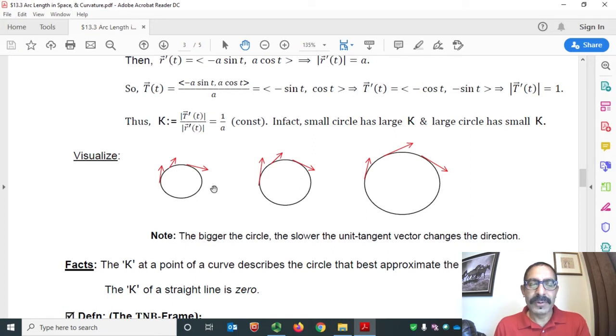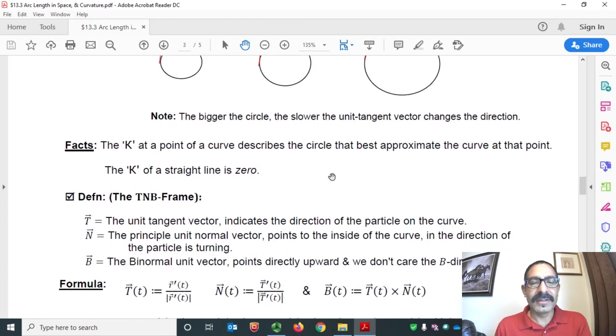If you pay attention to the tangent line, in the smallest circle the tangent line changes direction quicker than in the second circle and then the third circle. So that means in the biggest circle, in the third diagram, the unit tangent vector changes direction more slowly than in the previous 2 circles. I hope this makes sense to you all. Let's move on.